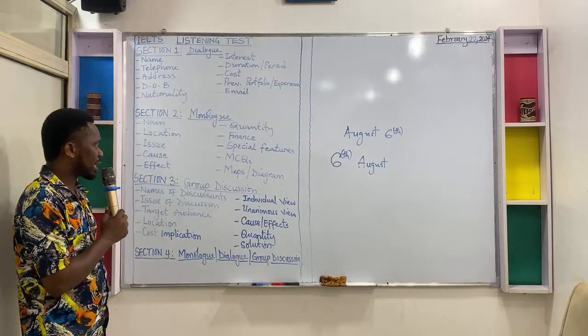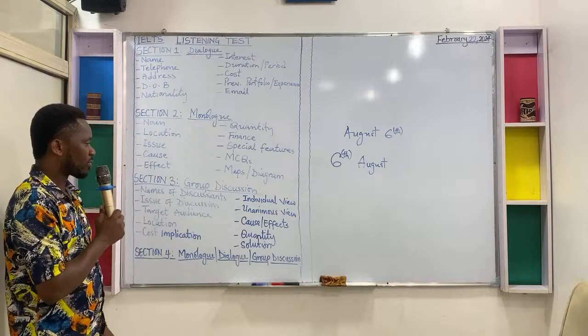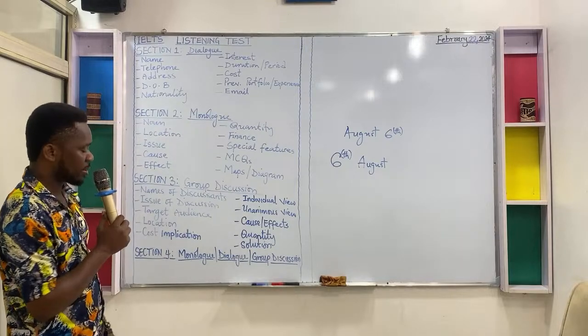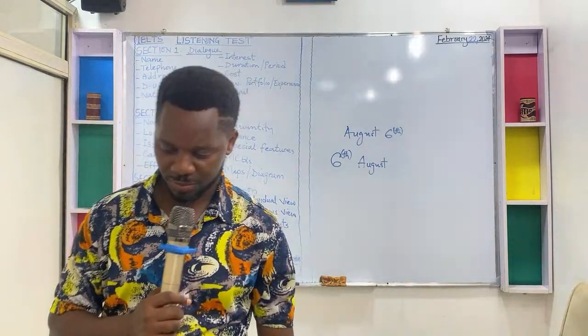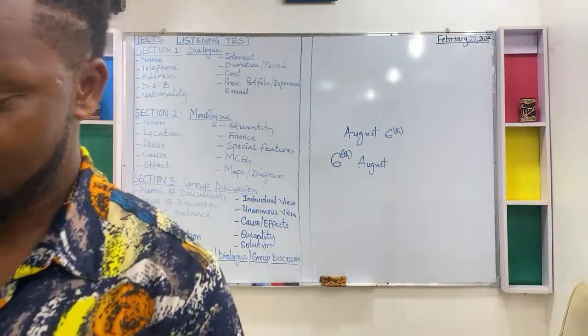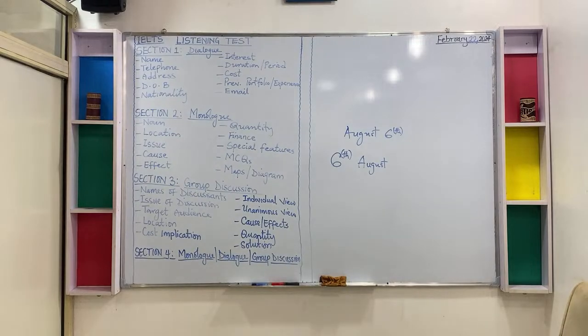Okay, next we shall go to section 2. Section 2, we are looking at monologue. What are monologues? Do you have an idea what monologues are? It's a conversation that has to do with one person, or a talk.